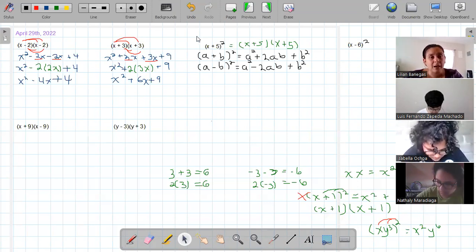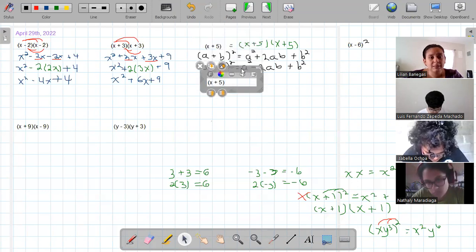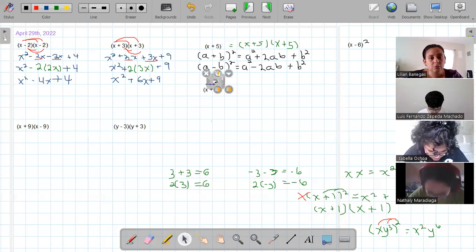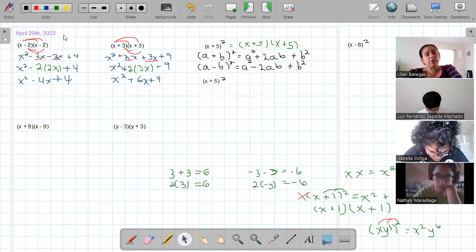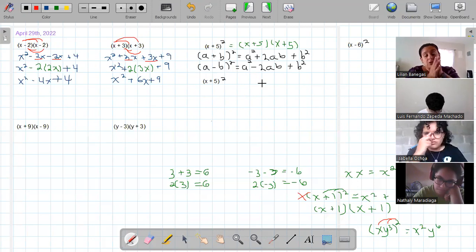Now, let's copy our original exercise and let's see what we have to do. Okay, so this is my first exercise. The first thing that I need to do is to identify the term A and identify the term B. And it is easy because the addition or the subtraction is the middle, okay?